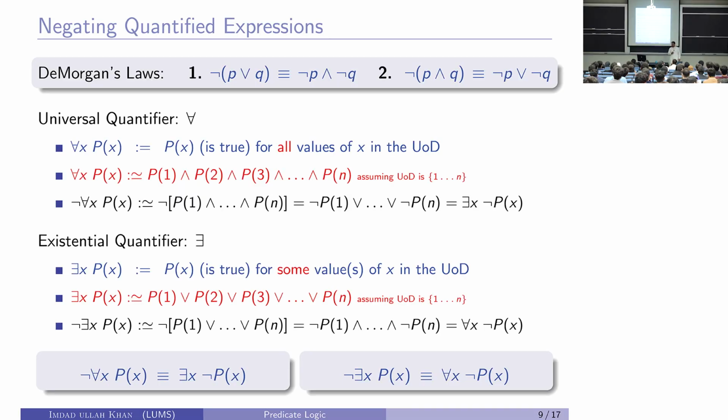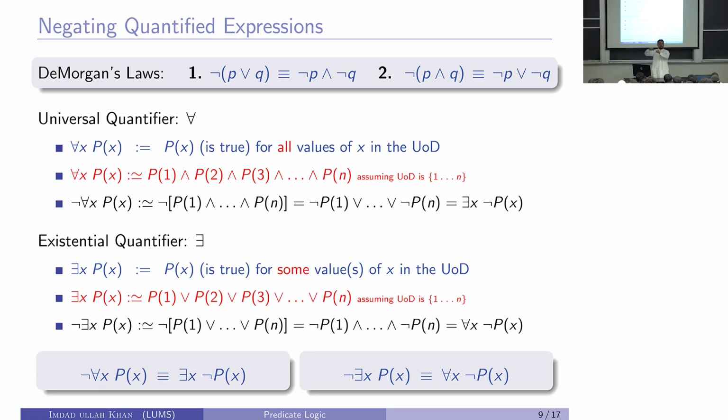Remember DeMorgan's law? The negation of P or Q is not P and not Q. The negation of P and Q is not P or not Q. If you find the pattern here, the operator changes from or to and, and the negation goes to individual propositions, right?